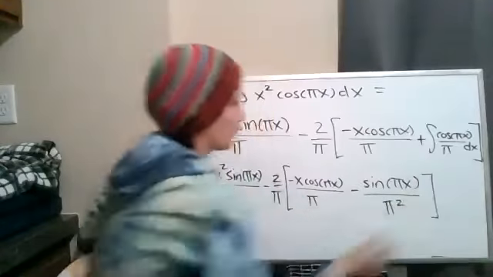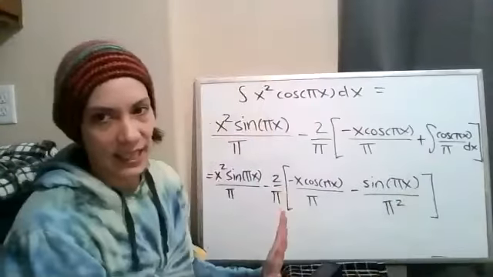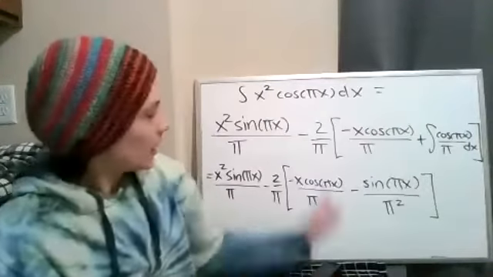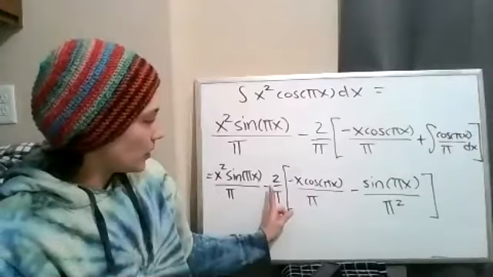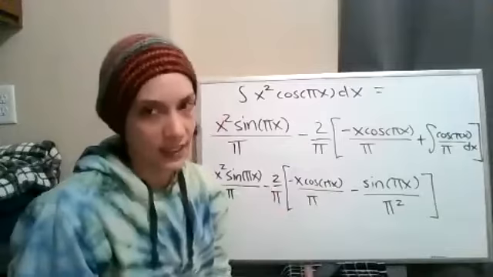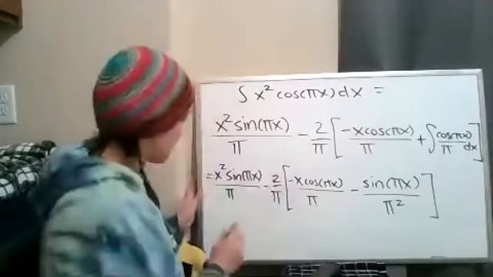Okay. I'm going to add c at the end. I distributed the negative 2 over pi and then added c. So we're almost done.